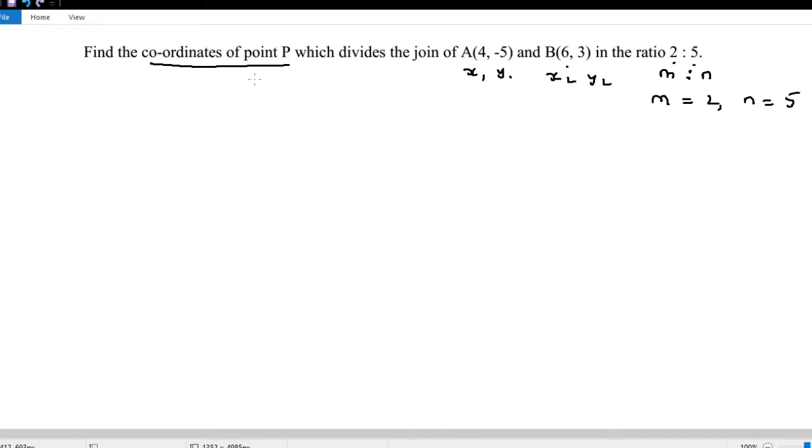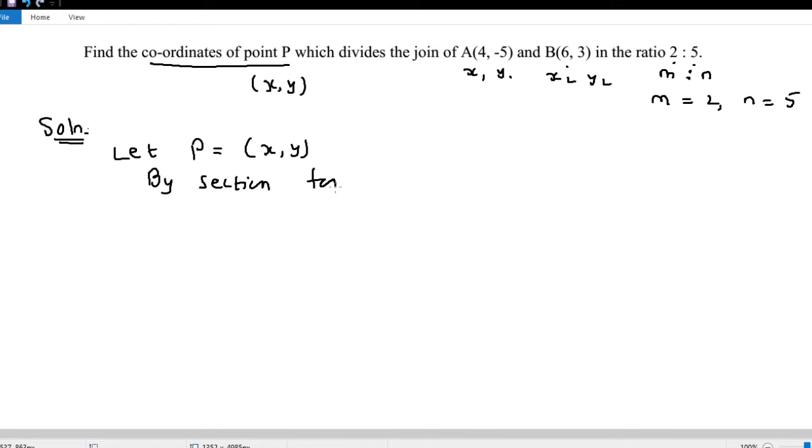We want to find the coordinates of point P. Let the coordinates of point P be denoted as x, y. So let us begin our solution. We can write, let P equal x, y. By the section formula, as you are aware, x, y will become equal to mx2 plus nx1.